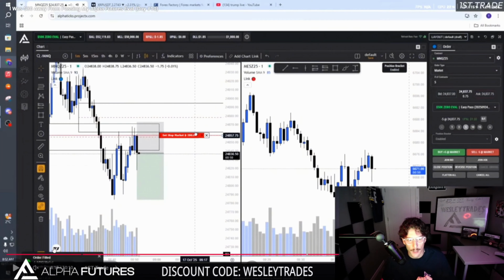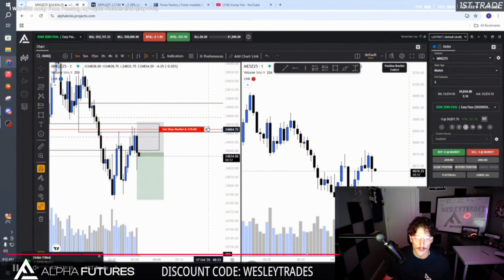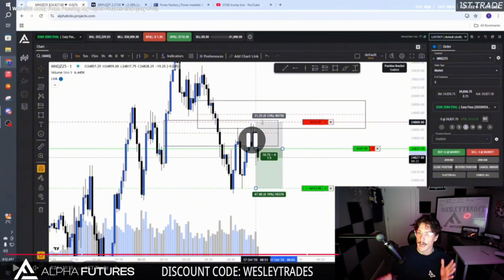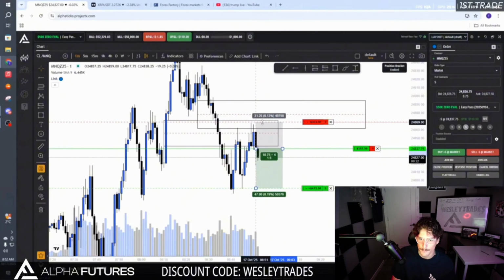We have a low time frame sweep of this high, and we displace back to the downside. This fair value gap is an inverse fair value gap from before. Get a good candle close, stops above the high, target internal lows, and I trail my stops because it's a short.